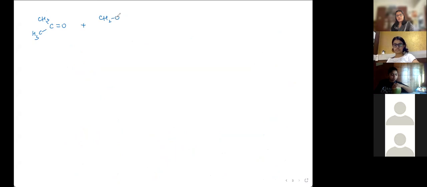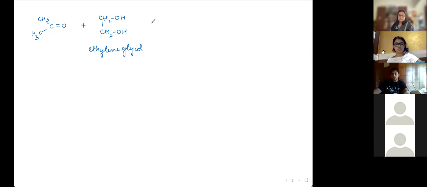Suppose it's a glycol. Glycol is when you have not a single OH group, but multiple on this thing. So this is ethylene glycol. Same thing, in the presence of HCl gas, dilute HCl, meaning H plus.